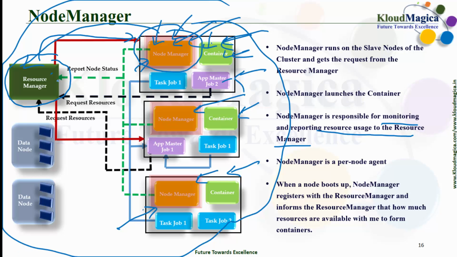It means one node will have one node manager. So there will be basically a one to one relationship. If one node is there, one node manager will be there. If 10 nodes are there, then 10 node managers will be there. This node manager acts like a slave and takes requests from resource manager and allocates containers to the application.